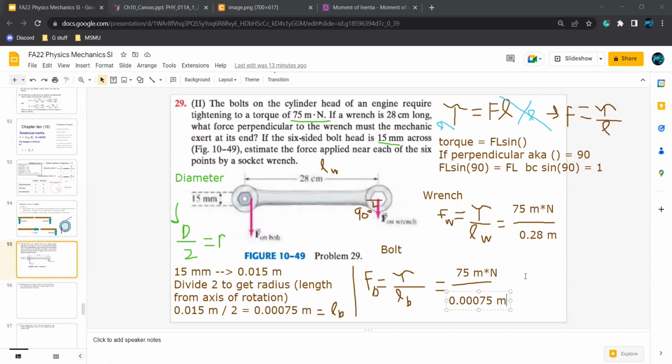You do want it in meters because you want it to cancel out. Meters, right? Because you have centimeters. So that's centi, 2 hops, whereas a milli was 3 hops. And then you plug those in.